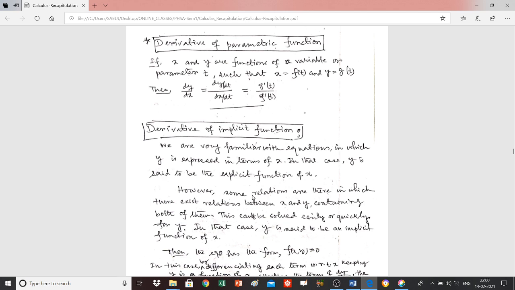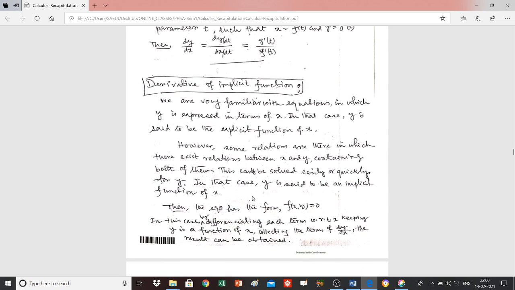However, in some cases it is observed that both the left hand side and the right hand side of the relation contain both x and y terms. For example, the relation x square minus y plus xy is equal to x cube plus 3y plus 9.